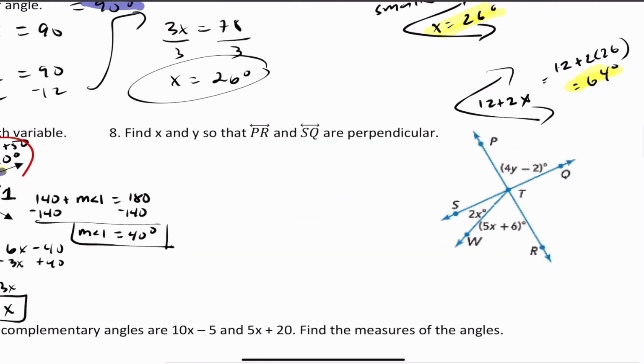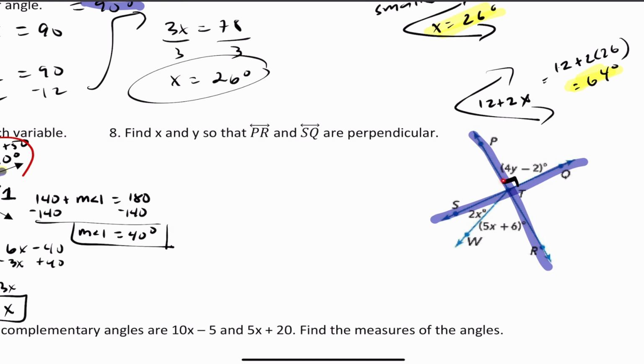So if I have this line PR, which intersects at a 90-degree angle, they're perpendicular to each other, that's going to be 90 degrees. So draw that square. And then just by looking at this, we can see by vertical angles here, right?